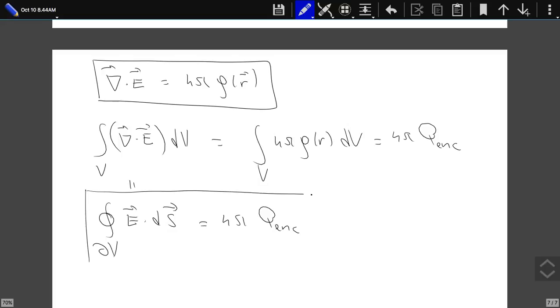So this is the integral form of the Gauss law. What this states is that if you have any closed surface bounding some volume inside, then the integral of the electric field over the surface is always equal to 4 pi times the total charge enclosed. This expression and the divergence of electric field expression, the first line, are equivalent. If you know one of them, you can derive the other one.